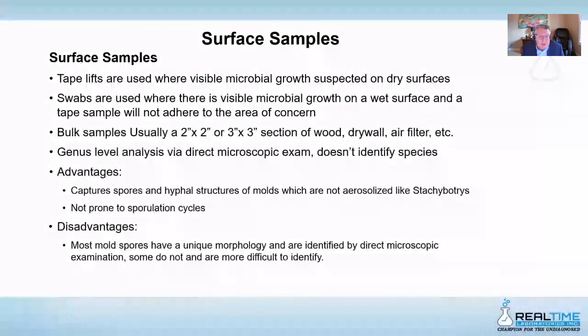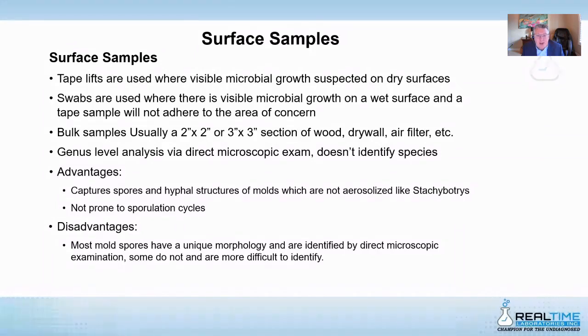You could also use a bulk sample. A 2x2 or 3x3 section of wood or drywall is helpful. And again, this analysis is going to be at the genus level again, as with other microscopic exams. It doesn't identify the species.